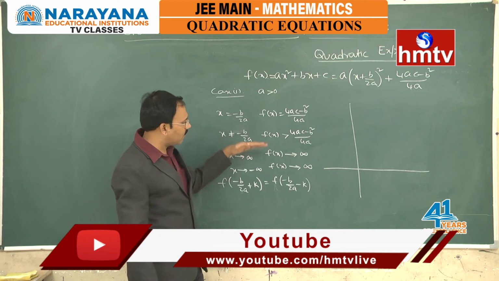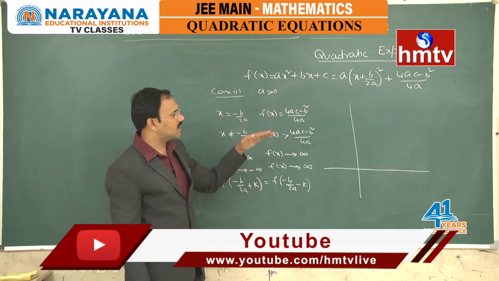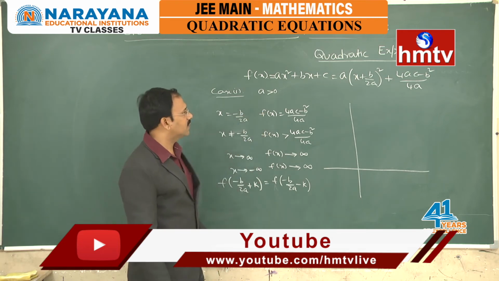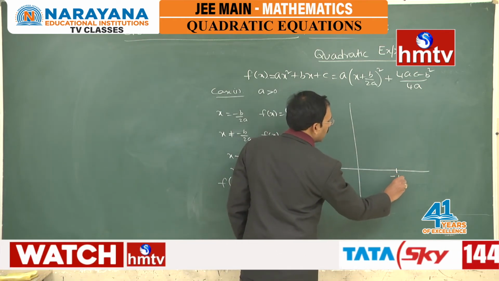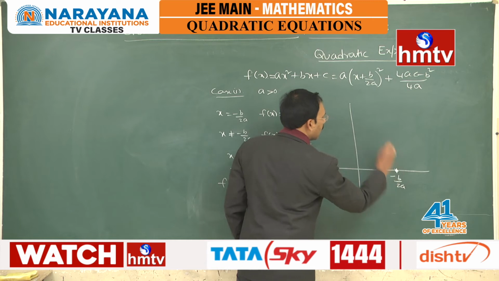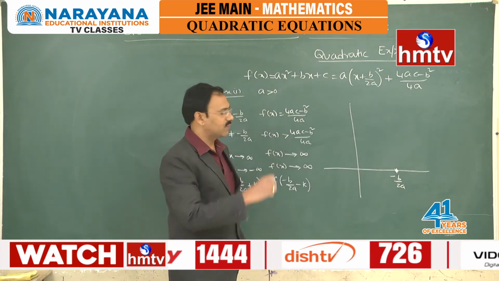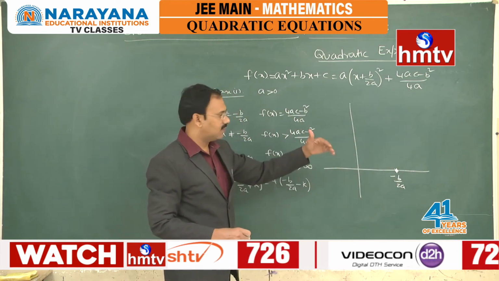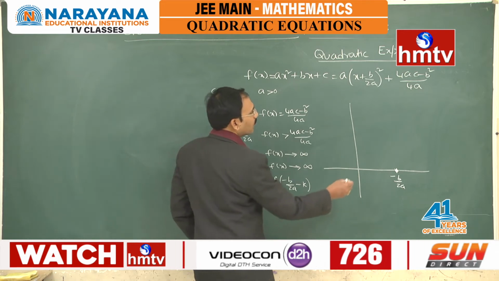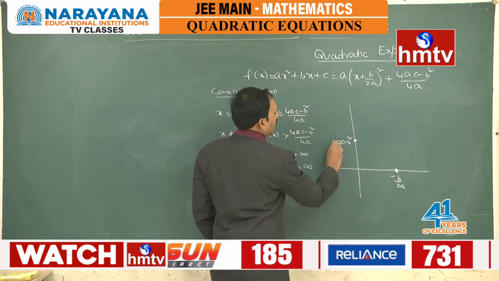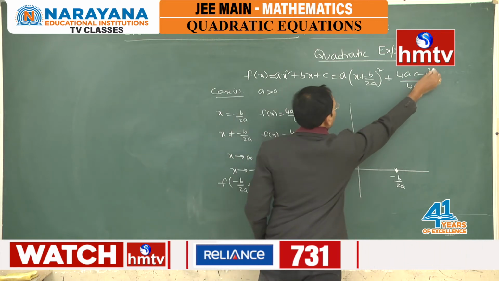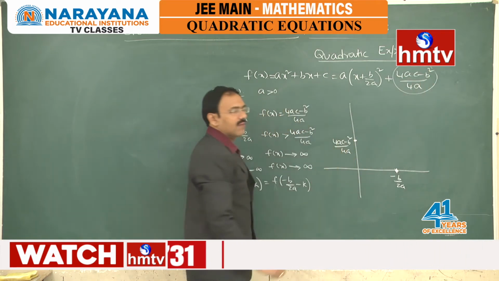By keeping in view all these 5 points, let me try to sketch the graph. Suppose x = −b/2a is somewhere here on the x axis. Suppose, we do not know whether it is positive or negative, let me take it. Suppose (4ac − b²)/4a is somewhere here on the y axis.